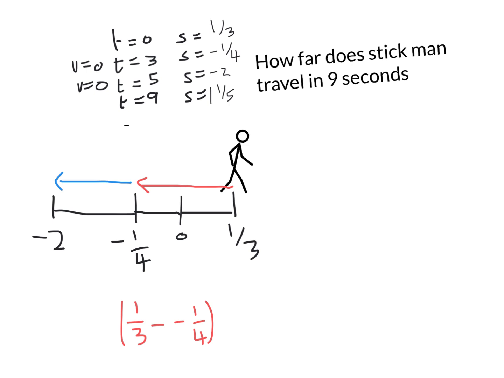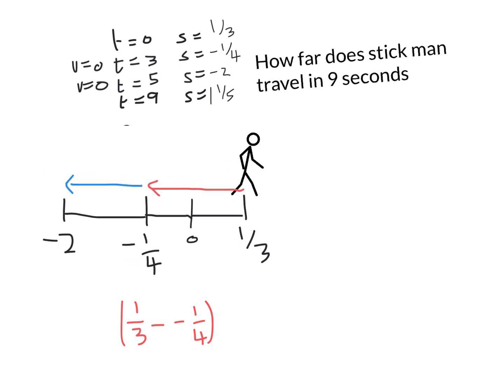He went from here to here in the first 3 seconds, and then from 3 seconds to 5 seconds, he went to -2. So how far is this distance? Again, I would do the bigger number minus the smaller number to get that distance.